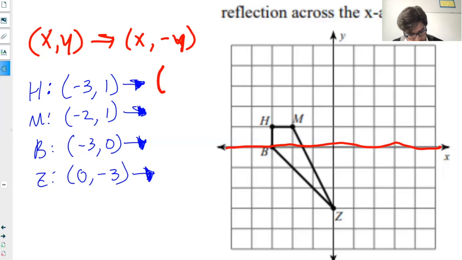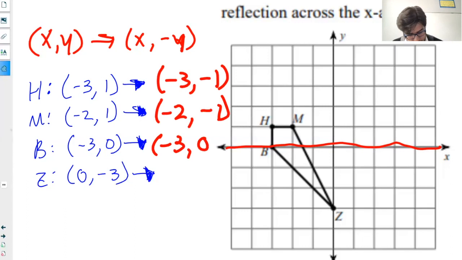H prime now becomes -3, -1, because we're just changing the sign. M prime becomes -2, -1. B becomes -3, 0, because we don't have such a thing as -0. And then 0, +3. That becomes our actual points for the reflection. Let's look at one more example.